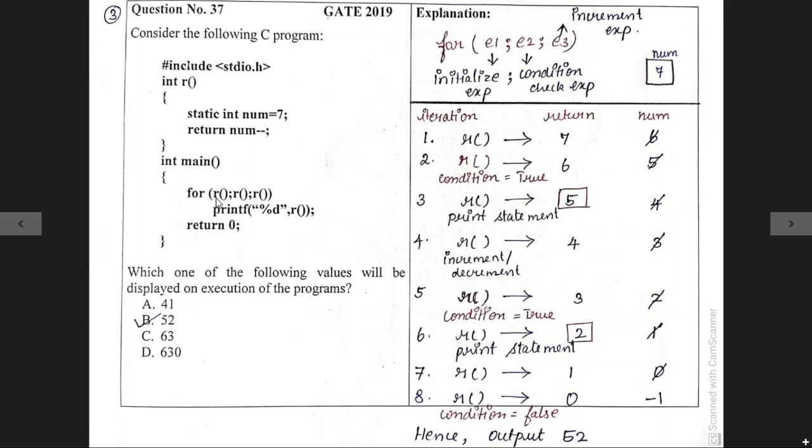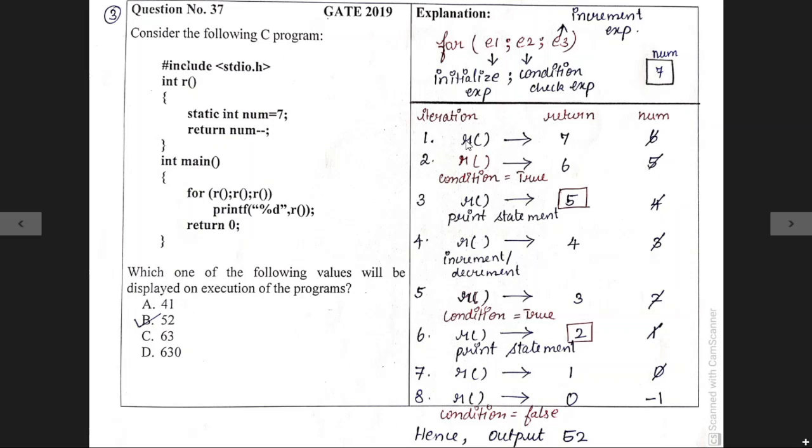Okay. In the for loop, the first expression will call this called function. This function initially stores the static variable num as 7. After the statement it will return num and then decrement. That is what I have written here.